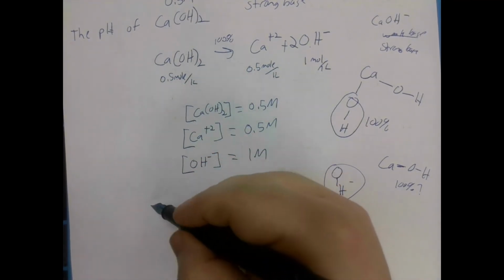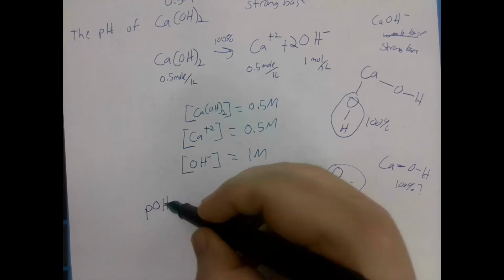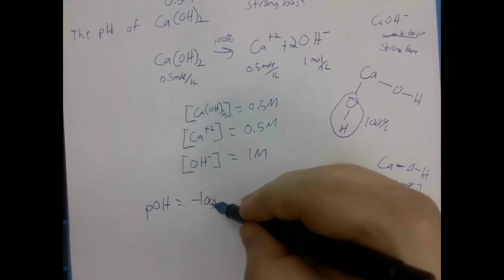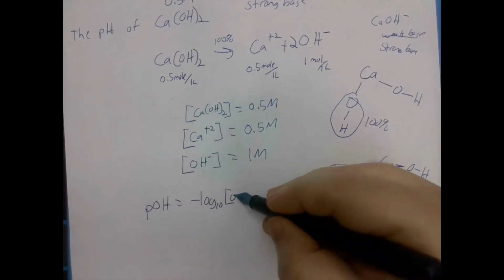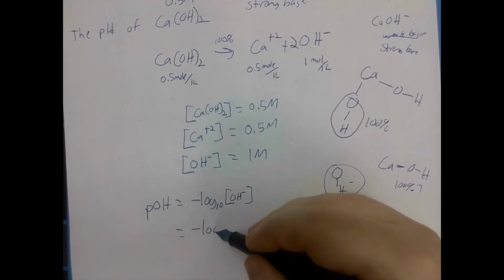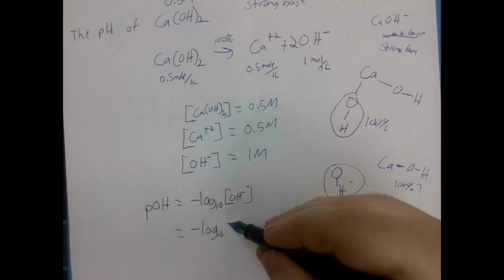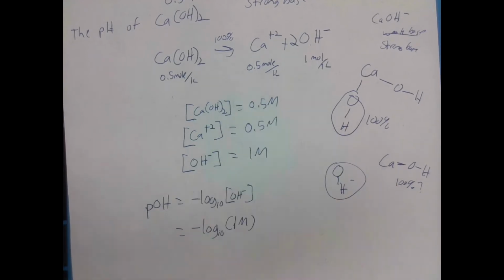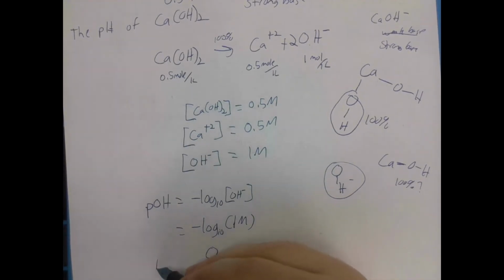So this would mean that the pOH is equal to the negative log base 10 of the concentration of OH negative ions, which would be the negative log base 10 of 1 molar, which would be 0.